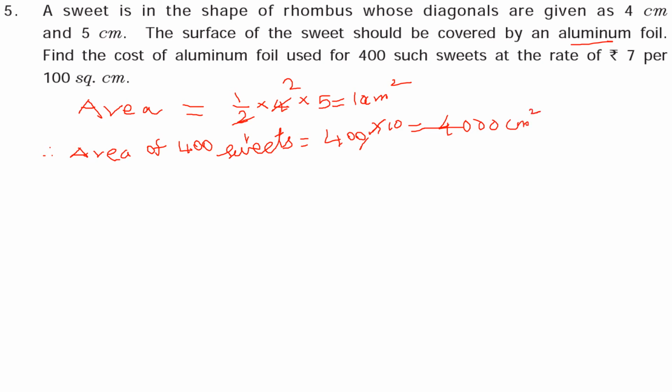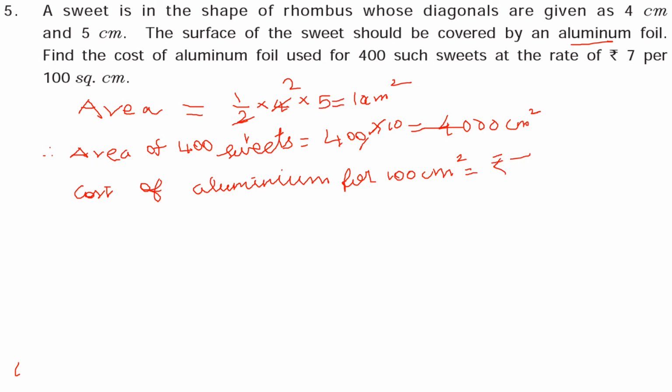Next, cost of aluminium foil for 100 centimeter squared equal to ₹7.